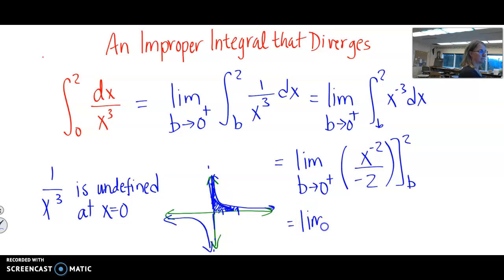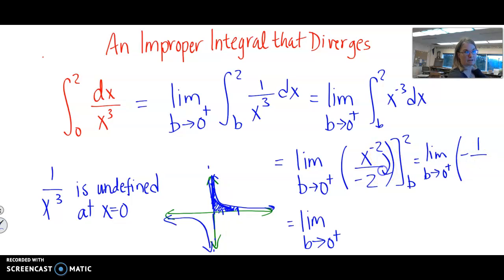So I still have the limit as b approaches 0 from the right, and putting in 2 into this function, we can rewrite that. Let me go back up and do this as negative 1 over, I'm going to drop this to the denominator so I make the exponent positive. And then I can put my limits of integration in there.